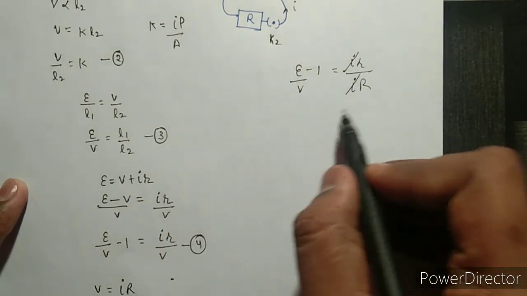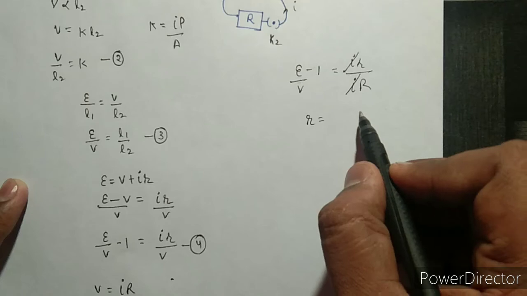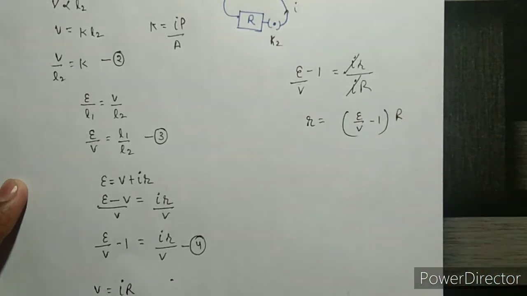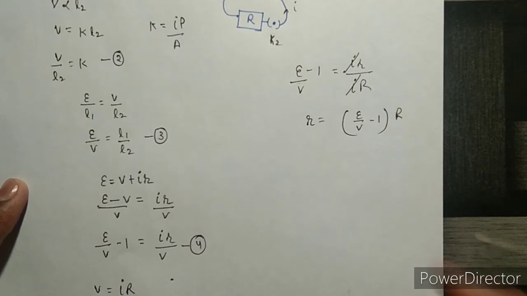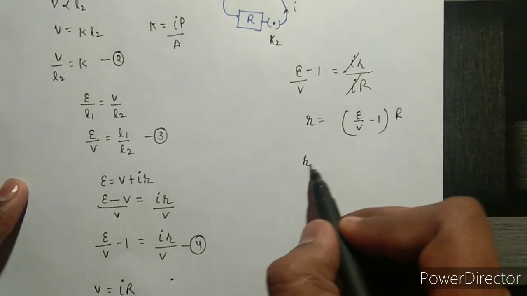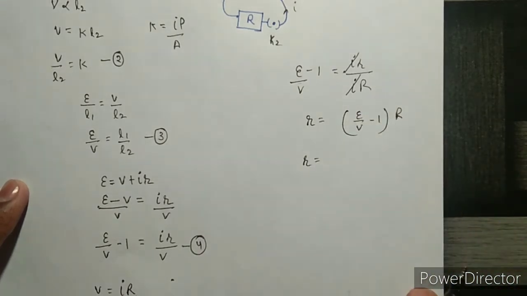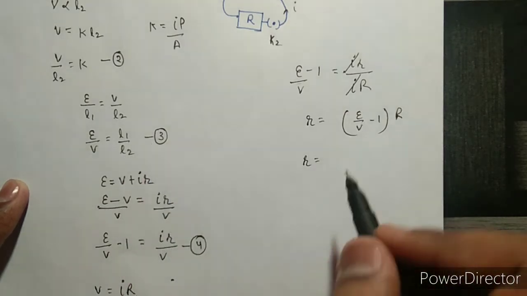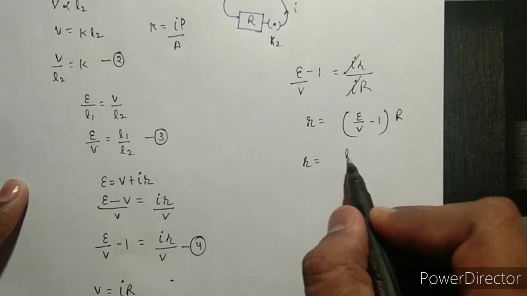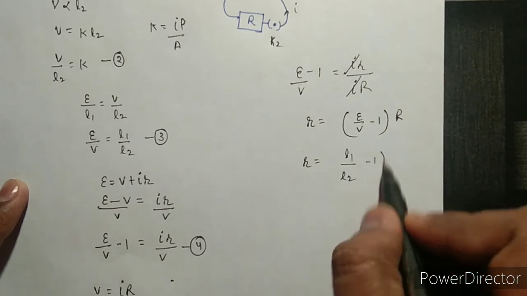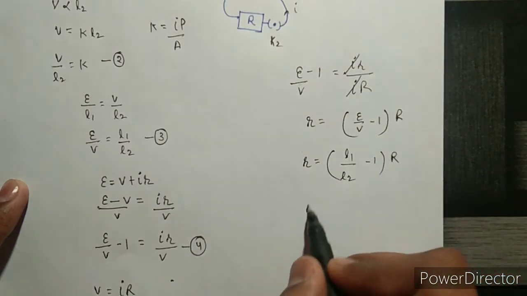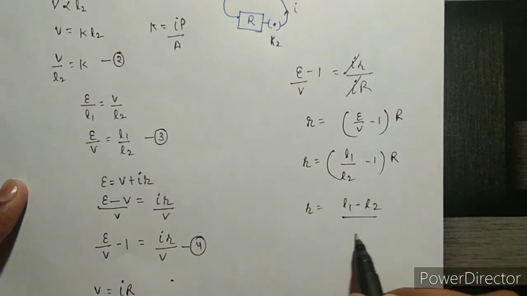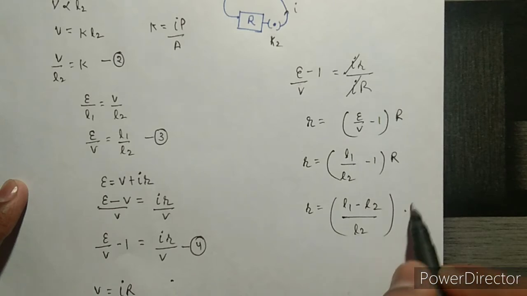Then we get r is equal to E upon V minus 1, multiplied by R. Now by equation 3, E upon V is equal to L1 upon L2, so r is equal to L1 minus L2 upon L2, into R.